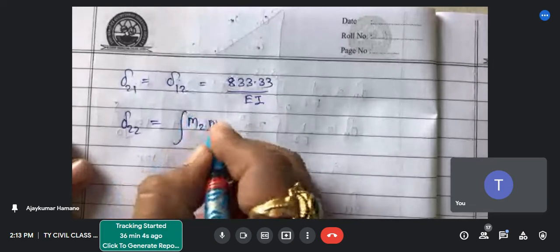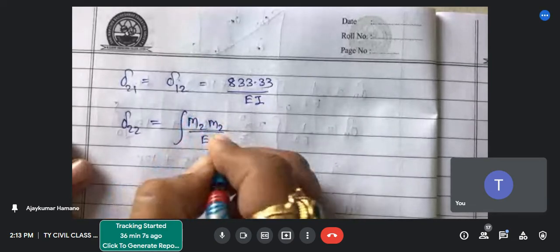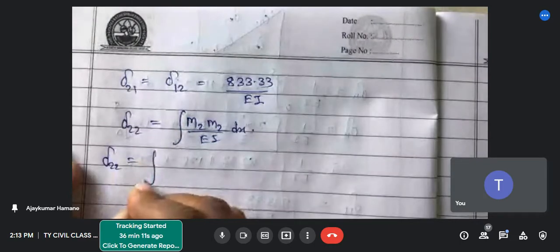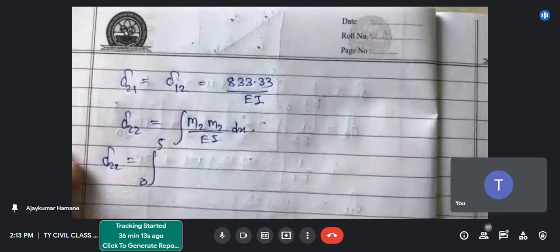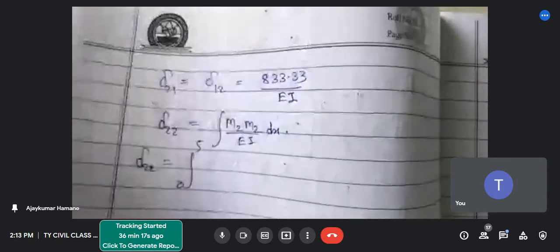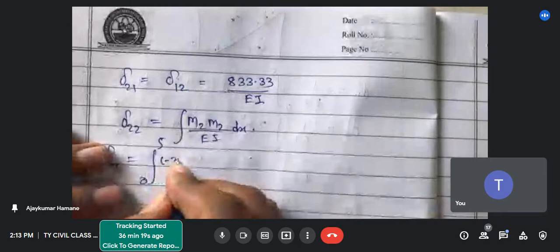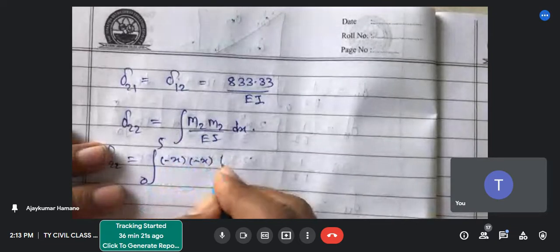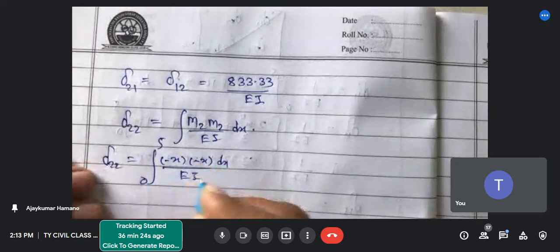So that is m2 divided by EI, 0 to 5 for the first one, minus x dx divided by EI.